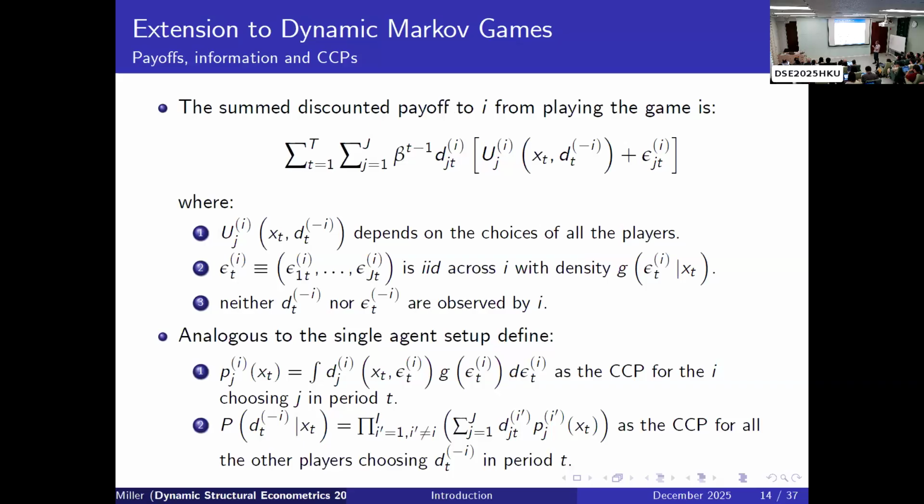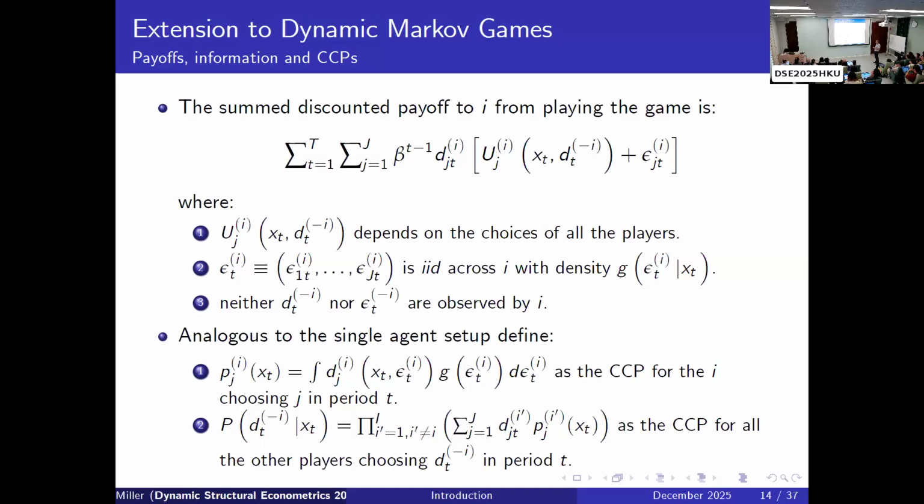So when we think about player i playing this game, he gets a big utility. Notice a capital U here, because I'm going to have to simplify things in a minute. It depends on the choices of everybody else, and on what the state variables in the industry are, and on my little epsilon jt, because that affects me and doesn't affect anybody else.